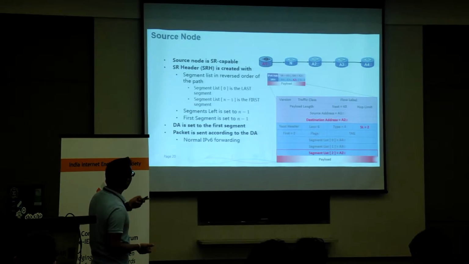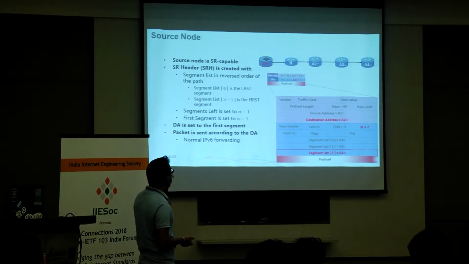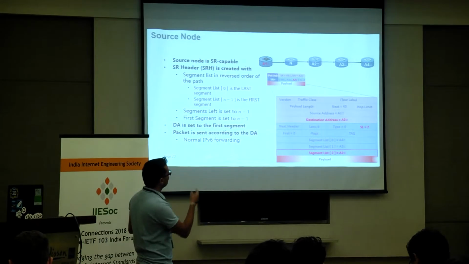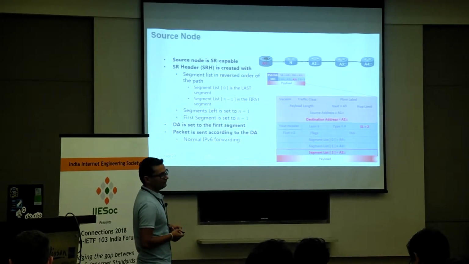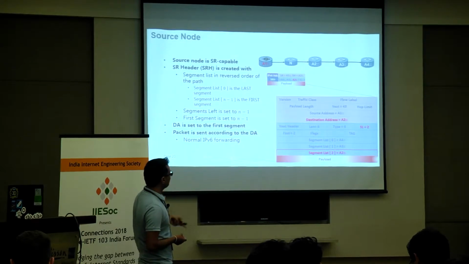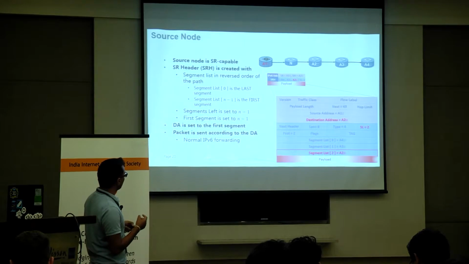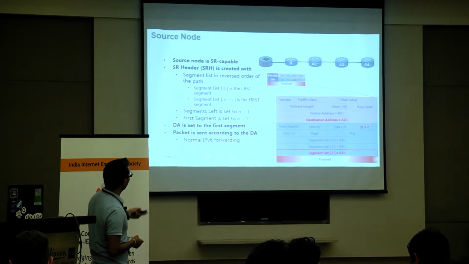So here I have a segment list and the packet is routed from A1 to A4. This is nothing but my locator, and A4 is the last endpoint. It is encoded in reverse order, with the segments left set to -1.